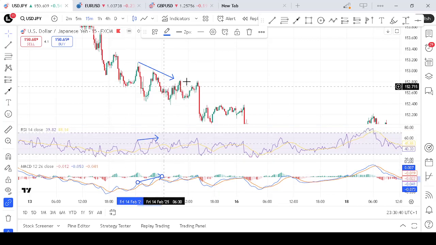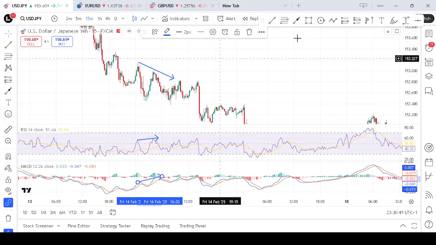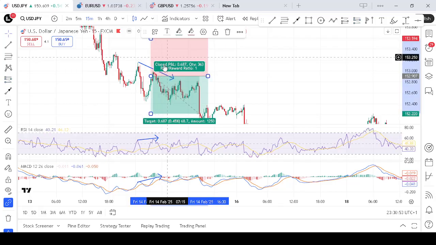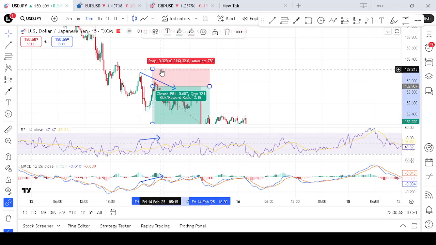Your stop loss placement is crucial for protecting your capital. Place your stop loss above the recent swing high. So if I'm to enter this trade after our confirmation, we put our stop loss above the previous swing high.